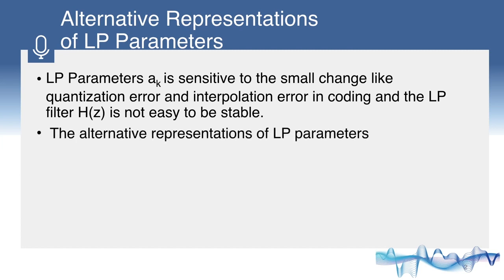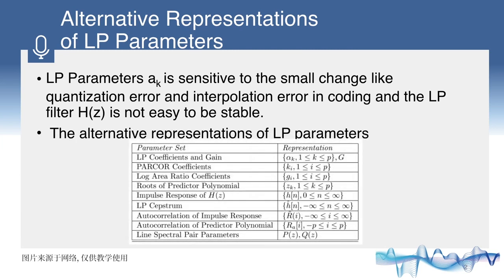There are many alternative representations, such as log area ratios (LAR), line spectral pairs (LSP), and reflection coefficients. Of these, LSP parameters especially have gained popularity, since they ensure stability of the predictor, and the spectral errors are local for small coefficient deviations.